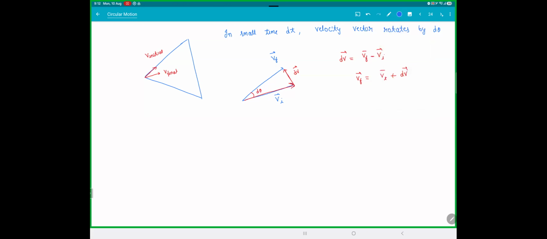Now in this triangle, we can clearly see it's an isosceles triangle because this magnitude is V, this magnitude is V, this is d theta, and this is a small piece here, dv. Theta is so small, I can treat it like an arc length. But if you don't like that, we can also take an isosceles triangle and do it. Since d theta is very small, we can treat dv like an arc.